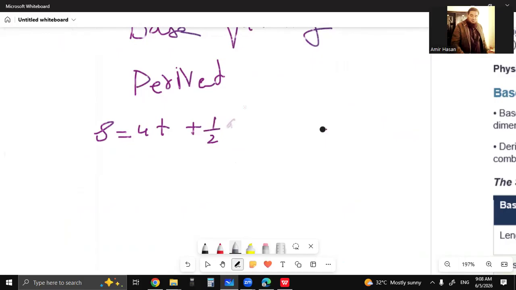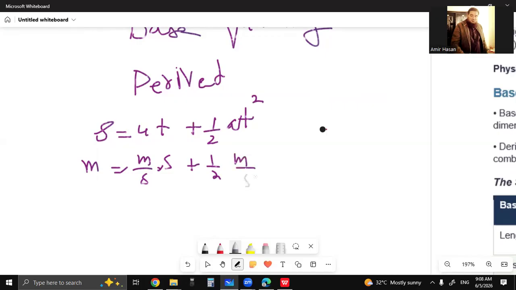When we are proving the homogeneity of this equation, we use all the units of both sides. Distance is meter, speed is meter per second, time is second. We use all the units of both sides and solve, checking whether the meter is coming equally on both sides.